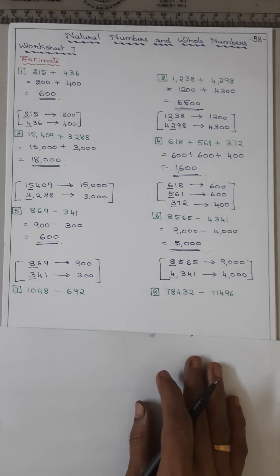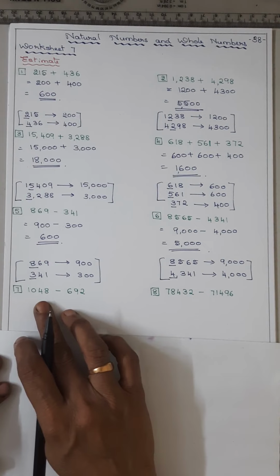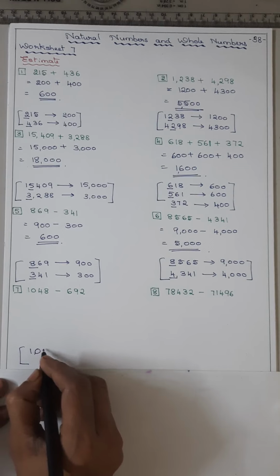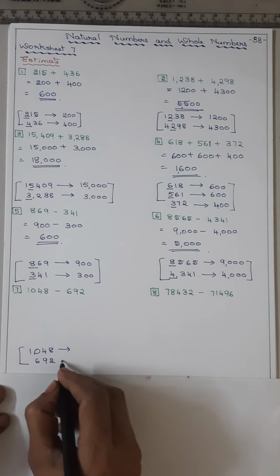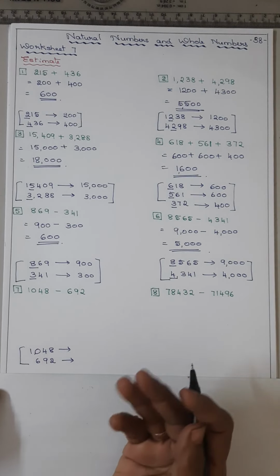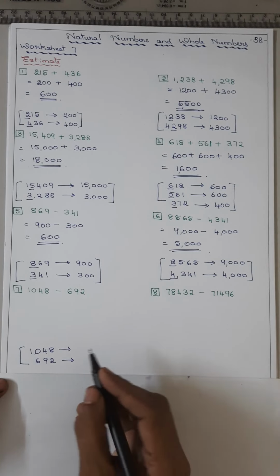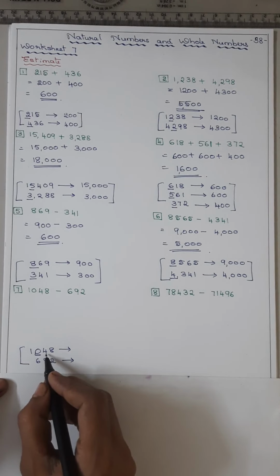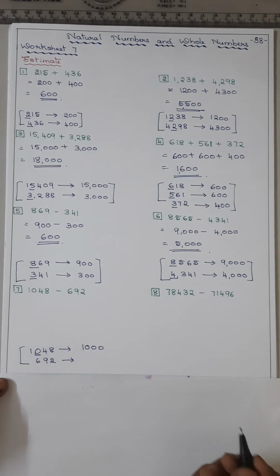Is it clear? Now coming to the seventh sum. First it is 1048 and the second one is 692. Both you have to round off to the hundreds place. So underline 0 in the hundreds place, to the right it is 4, so it is smaller, it remains the same, that is 1000.